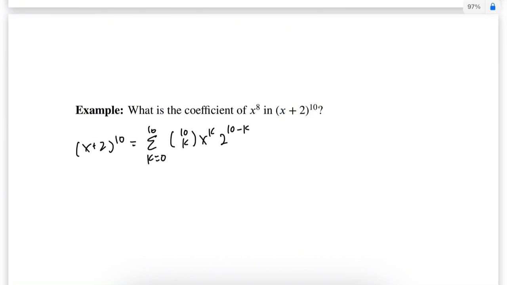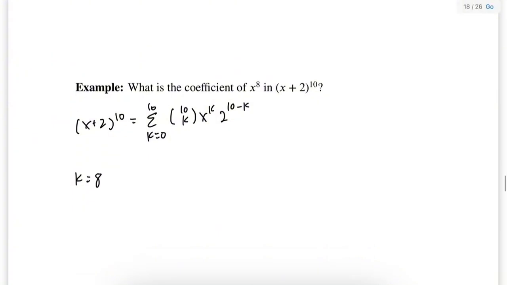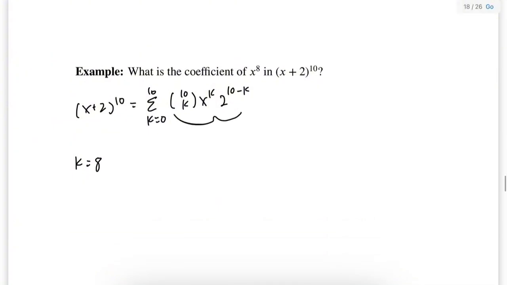So where's our x^8? Our x^8 is when k equals 8, of course, right? But then what does this become when k equals 8? This is 10 choose 8, x^8, 2^(10-8).